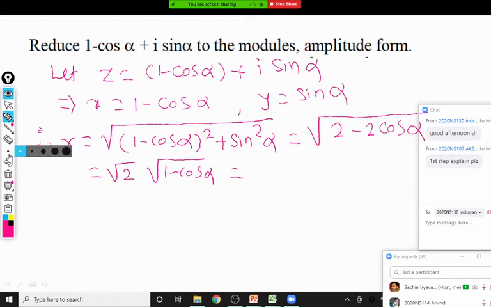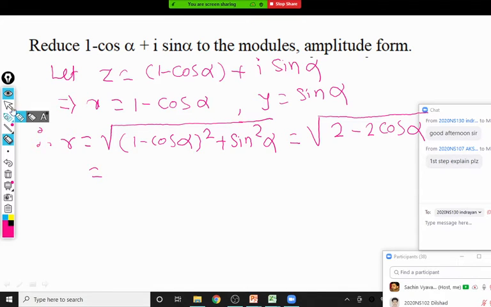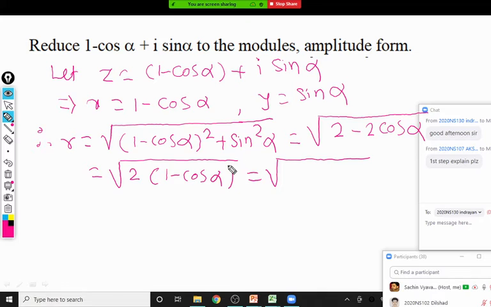I will erase this step and write it like this. 2 is common and 1 minus cos alpha is written. Now I will write this 2 as it is, and 1 minus cos alpha is 2 sine square alpha by 2.